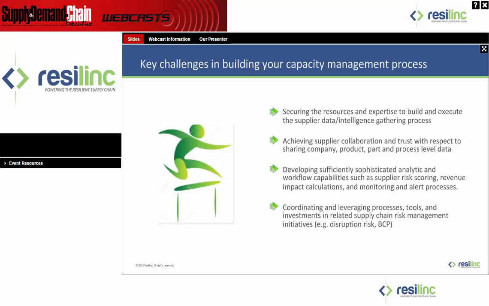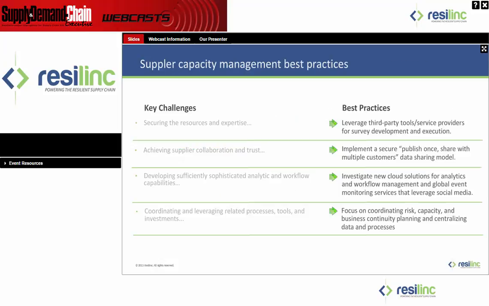And finally, four, creating a unified solution which brings in supply chain risk management, capacity risk management, and supplier business continuity process management together in one solution. The benefit, obviously, of such a solution is that you can leverage the same processes, tools, data, and investments, and certainly people across these three key areas.